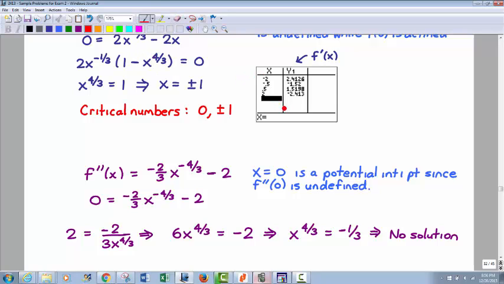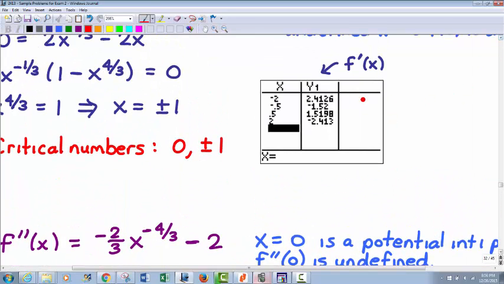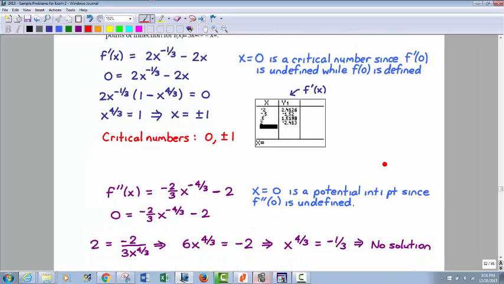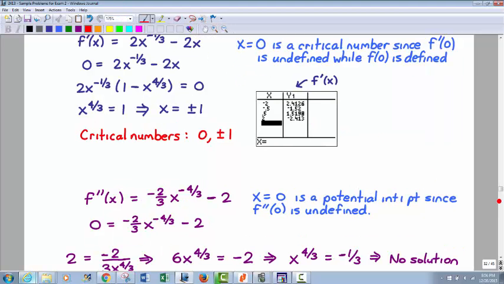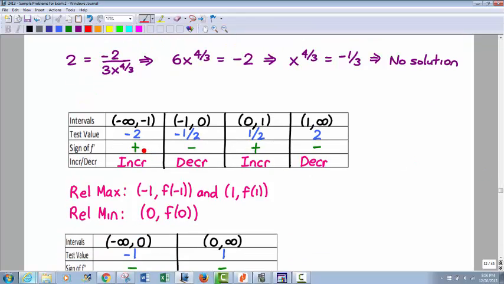You can see it goes positive, negative, positive, negative. So my sign chart goes plus, minus, plus, minus. Of course, that means increase, decrease, increase, decrease.